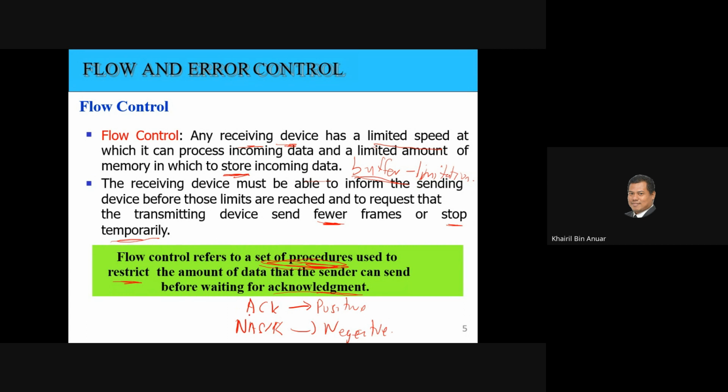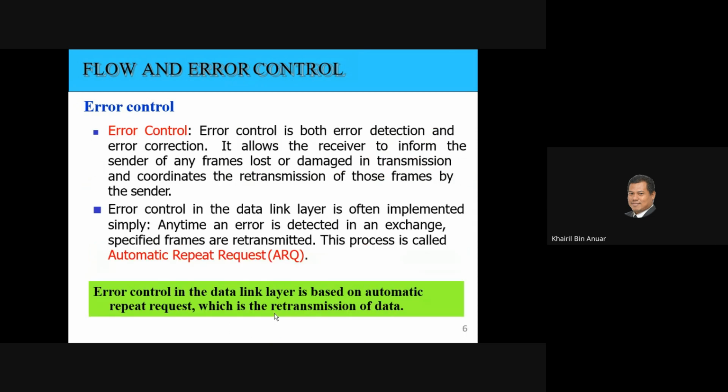Positive means that you can send the next packet, while negative ACK means that I didn't receive it, can you resend? This is the way the receiver communicates with the sender, using acknowledgement and negative acknowledgement.